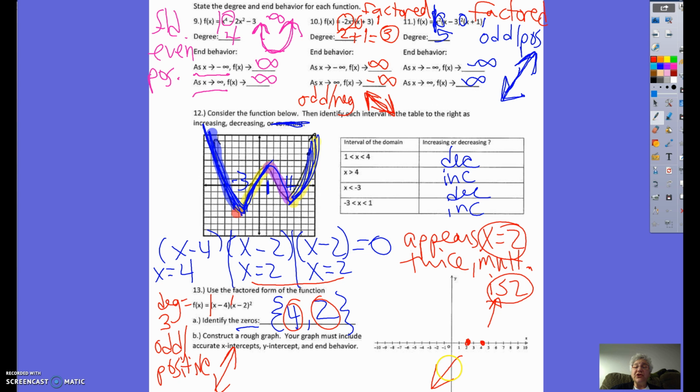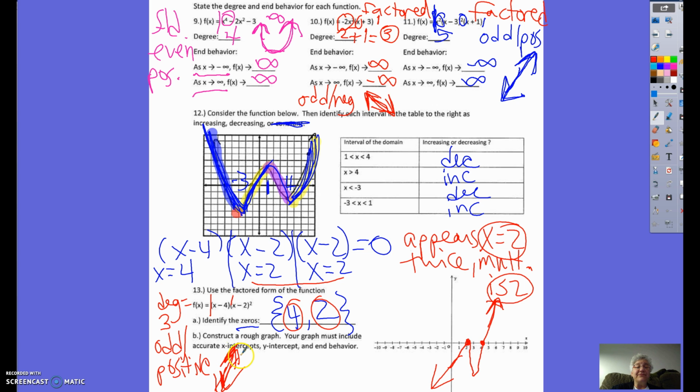At x equals 2, because the multiplicity is 2, I touch, I turn around. That's what multiplicity of 2 means. And then since I have to go through at the x-intercept of x equals 4, after I turn around, I must turn around again and head up so that my end behavior is the same as our line with a positive slope.